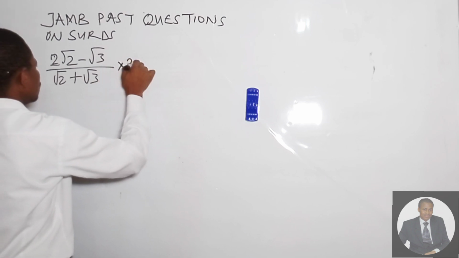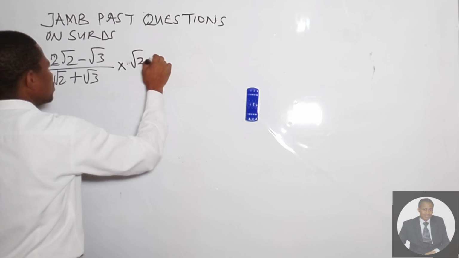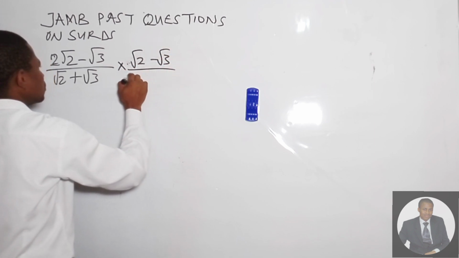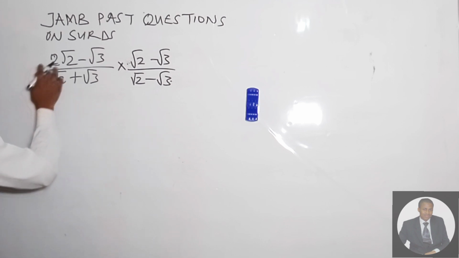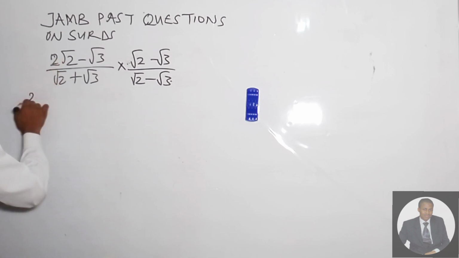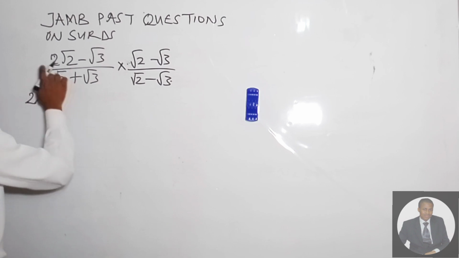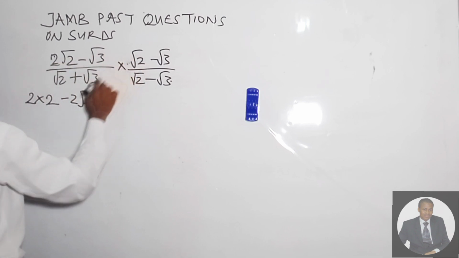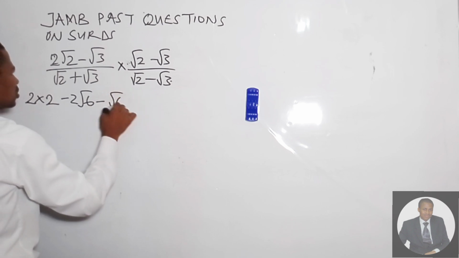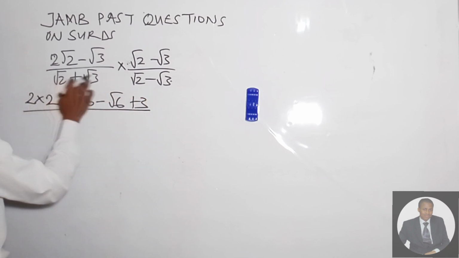That will be root 2 minus root 3 over root 2 minus root 3. So we have 2 times root 2 times root 2, that's 2. Then we have minus 2 root 6, then minus root 6 plus 3.